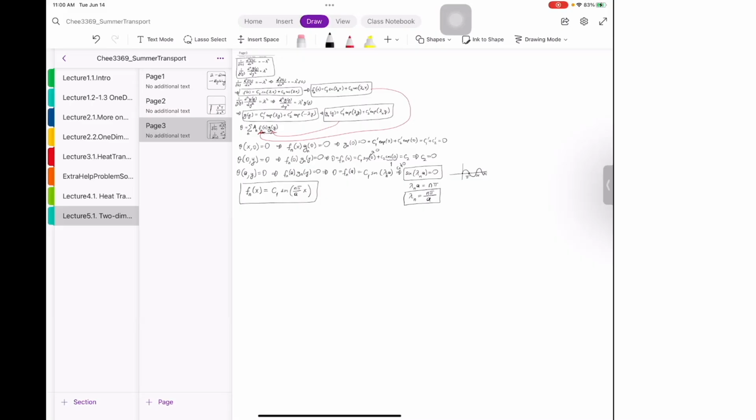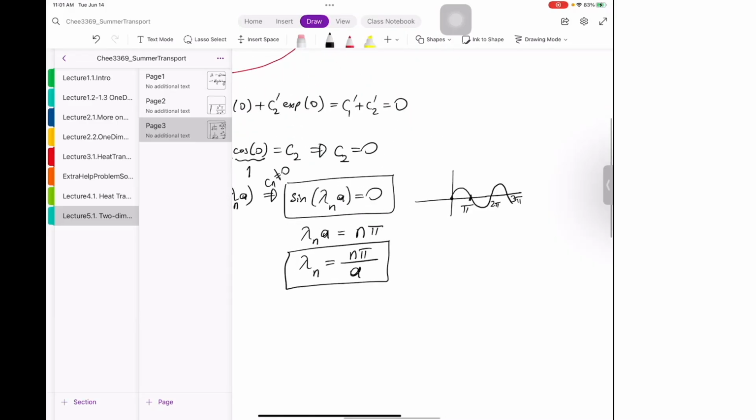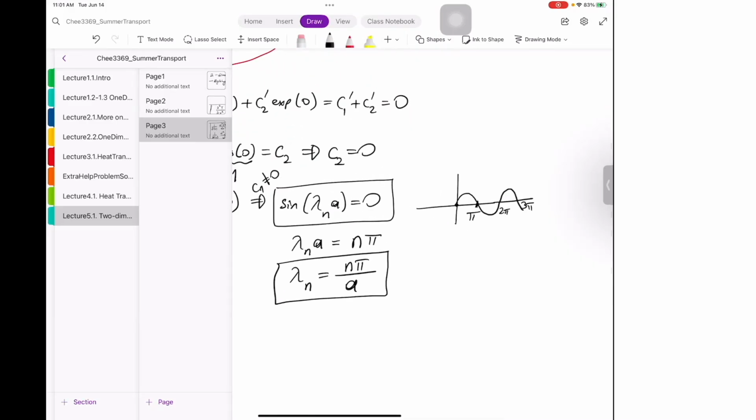Do we need to specify n to be equal to 0, 1, 2, 3, etc.? Well, this equation suggests to you that n can be 0, 1, 2, and also can be negative 1, negative 2, and so on. So n basically ranges from negative infinity to positive infinity, right?